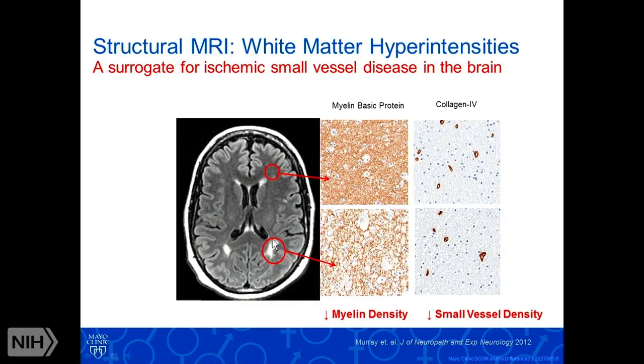So this is a horizontal image through the brain. The nose is up here, the back of the head is here. Here's normal brain tissue, and you can see nice myelin sheaths and healthy cells, whereas if you look at this area considered white matter hyperintensity, which is a damaged or ischemic area, we see loss of myelin and also loss of cells, including capillary density.